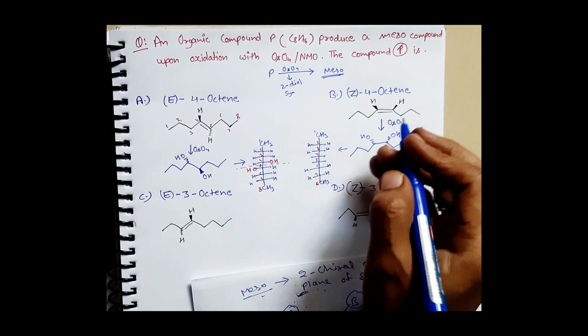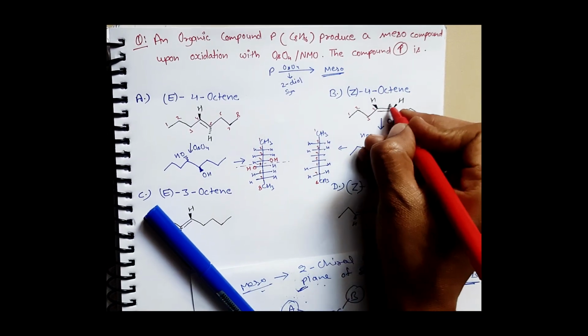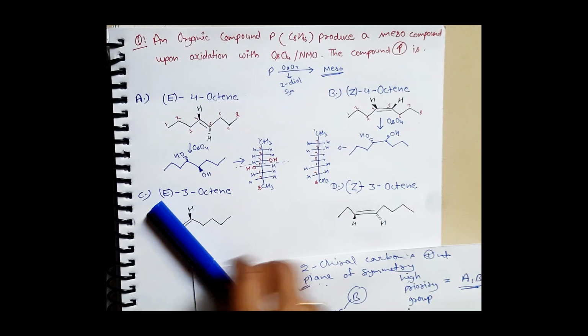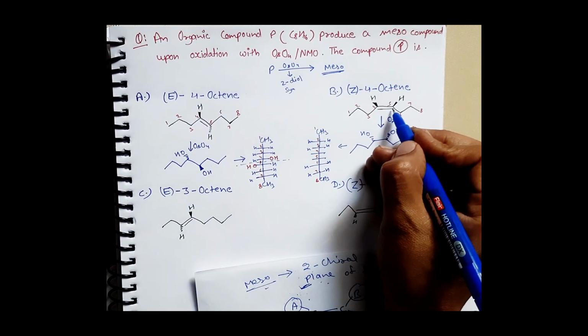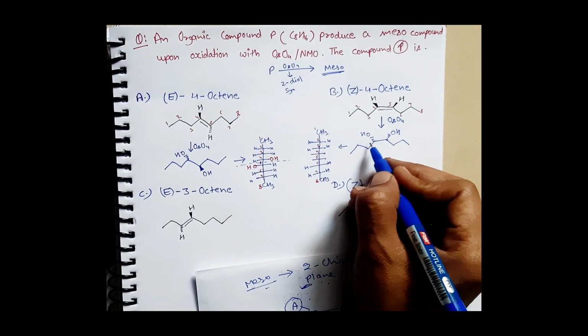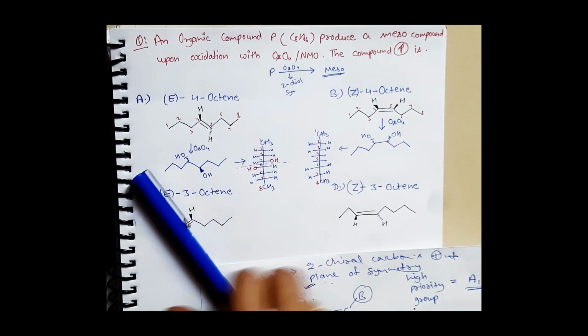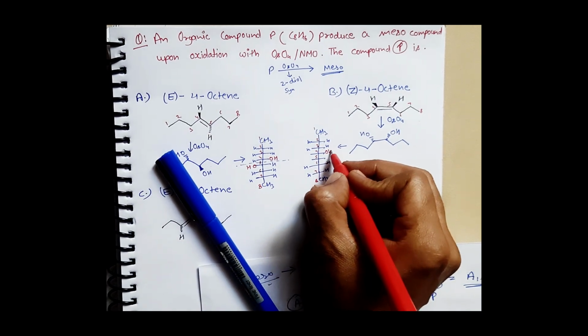Here on carbon number 4 and carbon number 5 the diol is attached, and they are both at a dash position. So we mention in the Fischer projection like this.